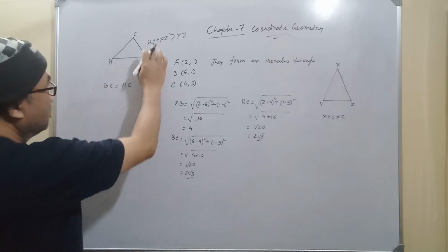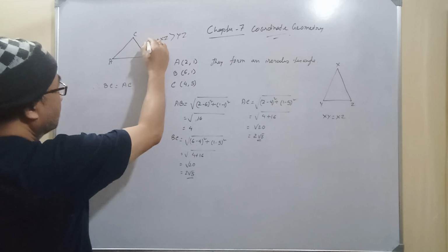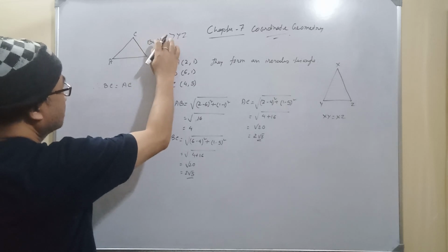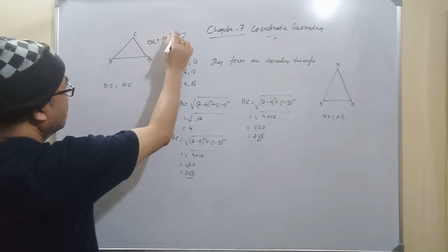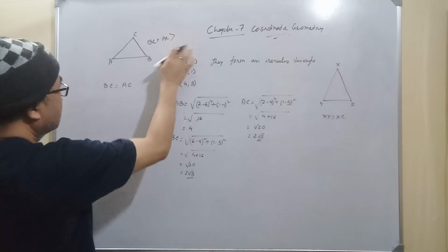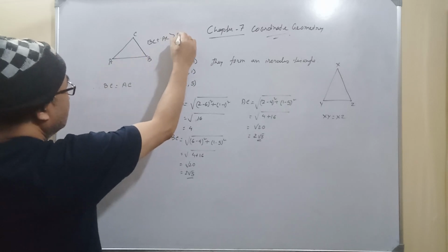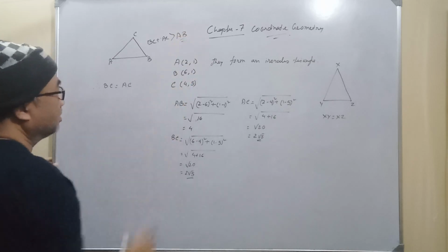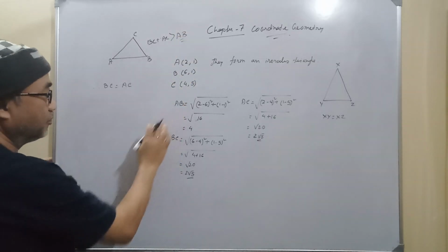Now we have to prove that BC plus AC is greater than the third side. What is the third side then? The third side will be the side AB, right? This side.